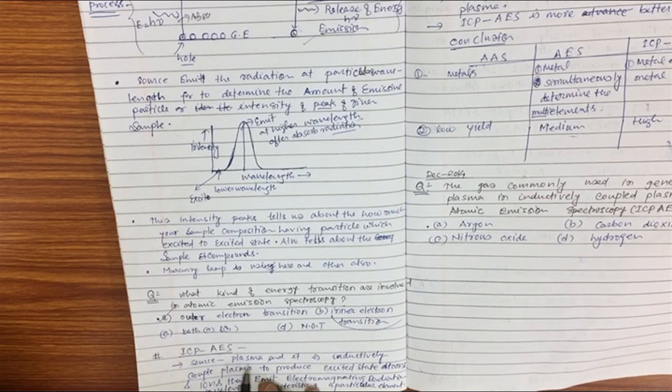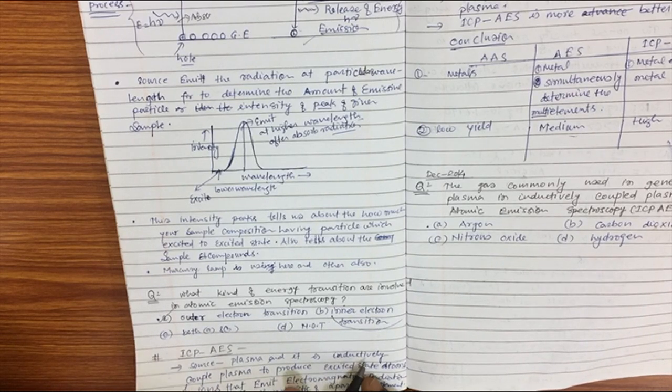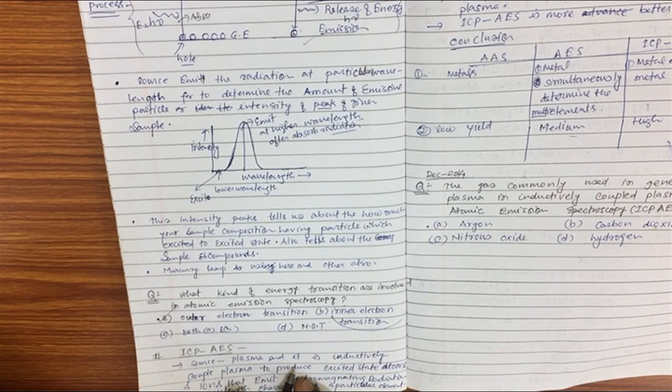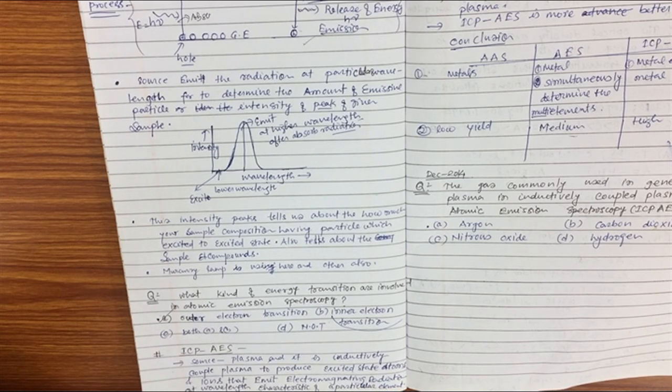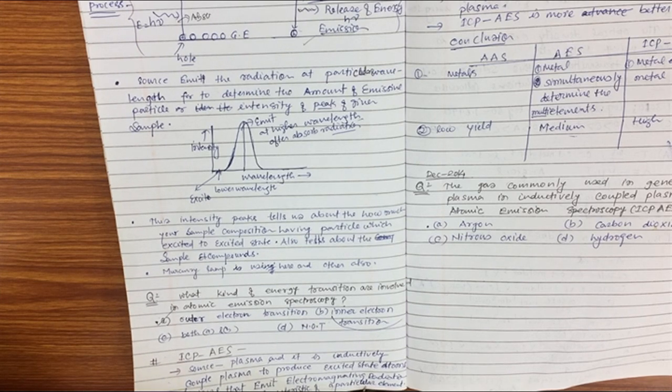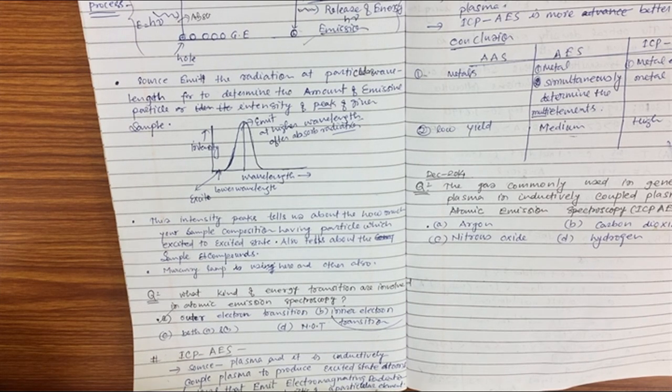Here the source is plasma, an inductively coupled plasma, used to produce excited state atoms and ions that emit electromagnetic radiation at wavelengths characteristic of particular elements.